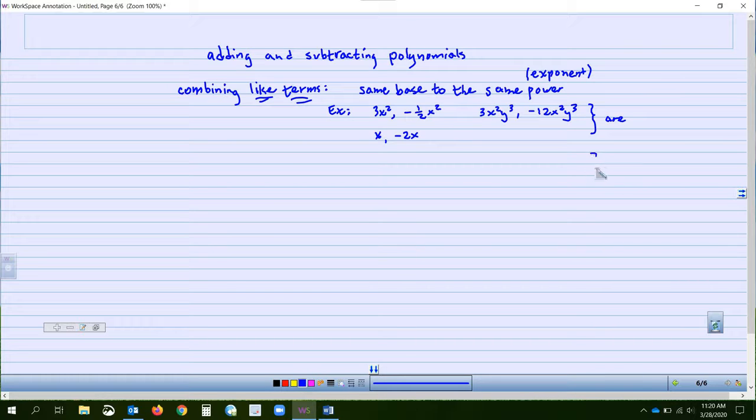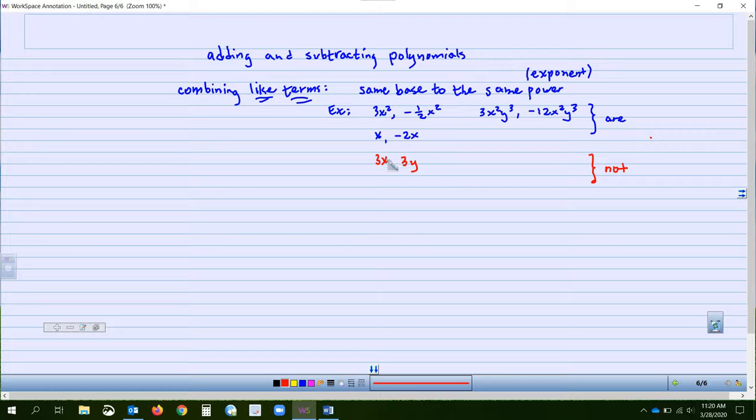So why don't we do some that are not like terms? In fact, I'm going to do them in red to really contrast that these are not like terms. So 3x and 3y, those are not like terms. Now they both have 3's, but those are the coefficients.